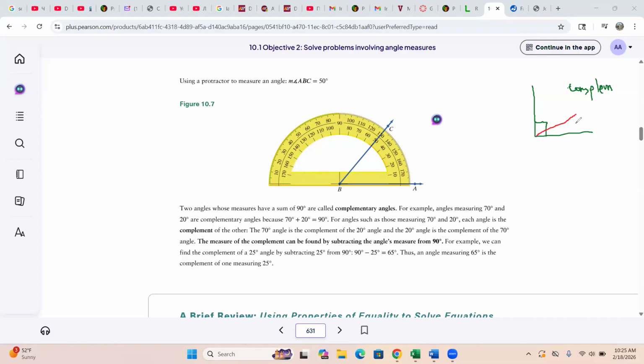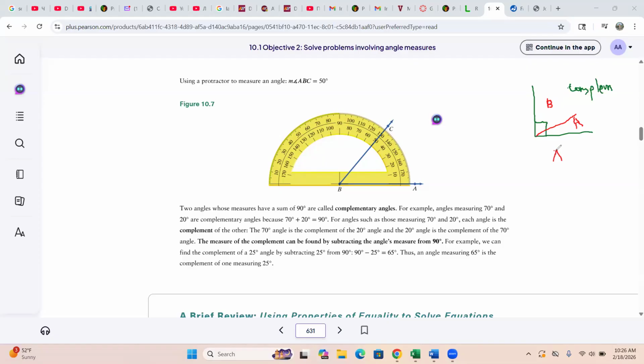So if I have, let's say, angle A and angle B, then the sum of A and B, to be complements, need to be what? A plus B need to give us 180 or 90.